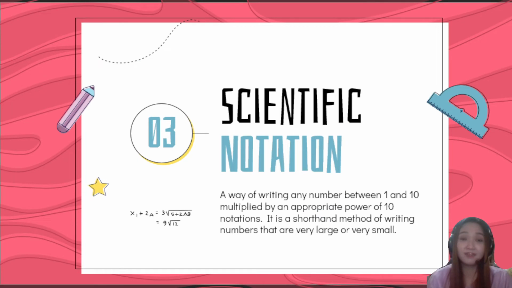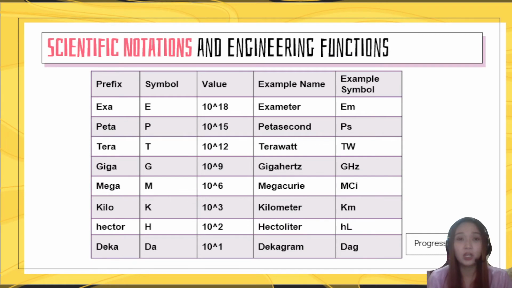So, scientific notation is a way of writing any number between 1 and 10 multiplied by an appropriate power of 10. It is a shorthand method of writing numbers that are very large or very small. Okay? So, for expressing quantities on scientific notation and engineering function, we use this table. Hindi ko na siya babanggitin.